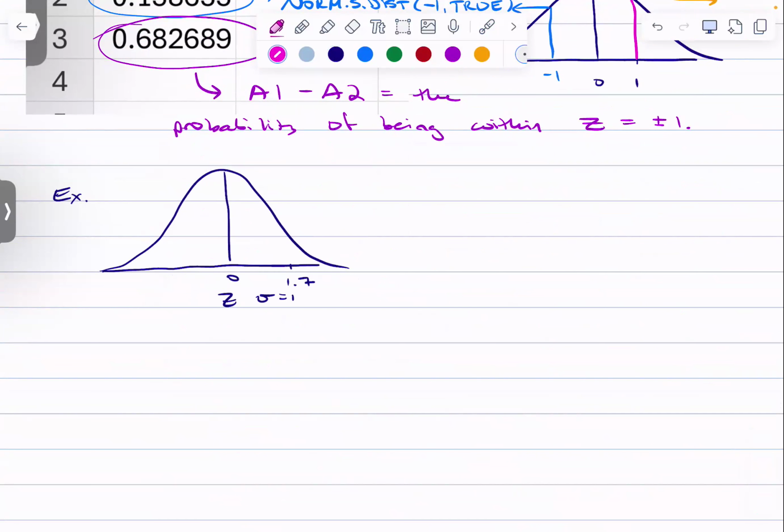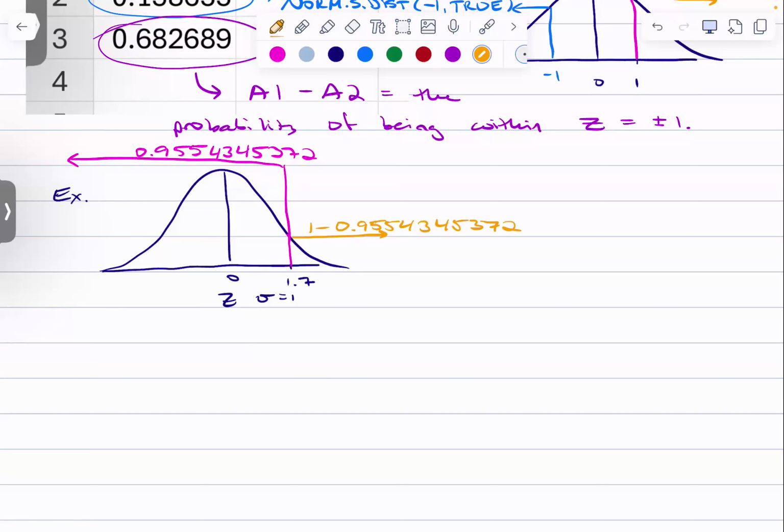And our calculator is telling us that the area to the left is 0.9554345372, which means that this is going to be 1 minus 0.9554345372.